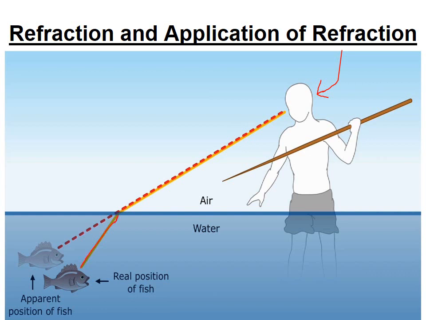In reality, unless this is a bioluminescent fish, this light is probably coming from the sun, bouncing off the fish, and then bouncing out of the water. As it bounces out of the water, you'll notice that the light ray bends. So I'm going to draw my normal over here. The light ray bends and goes towards the viewer's eye. So this would be the refracted ray. Here's the angle of refraction, and here is the angle of incidence.